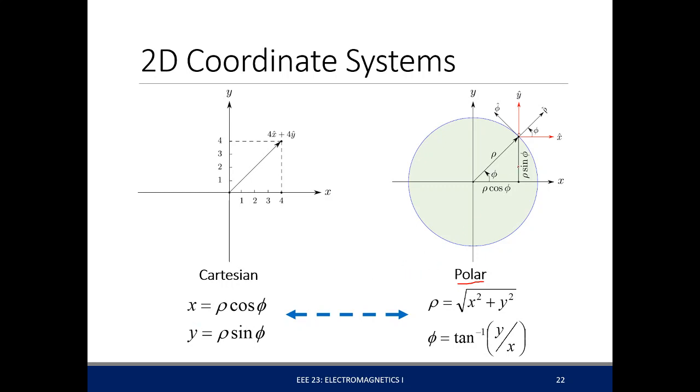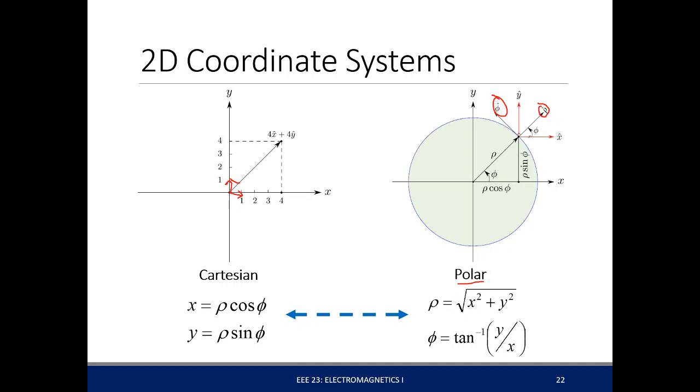In the polar coordinate system, we have new unit vectors defined. If the unit vector for your Cartesian coordinate system is x hat, from here to here, and y hat from here to here, your polar coordinate system is defined by rho hat and phi hat.